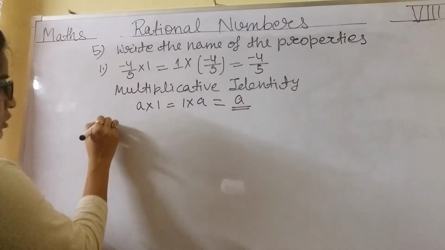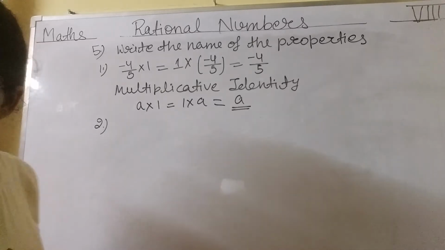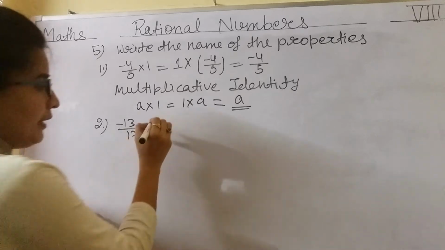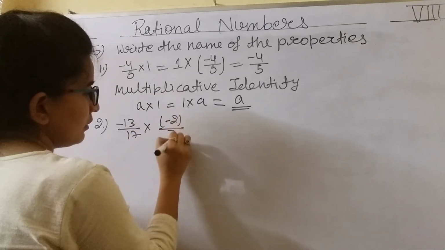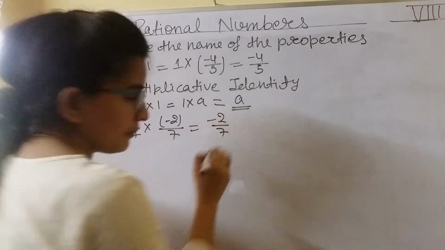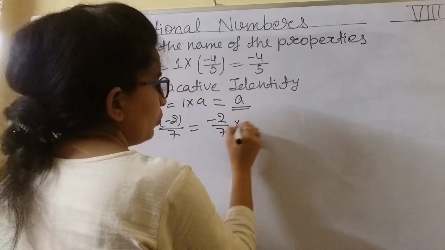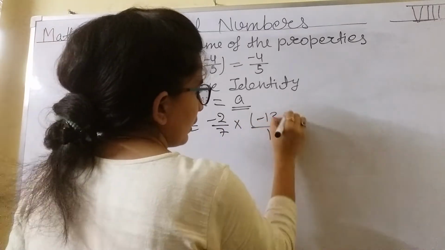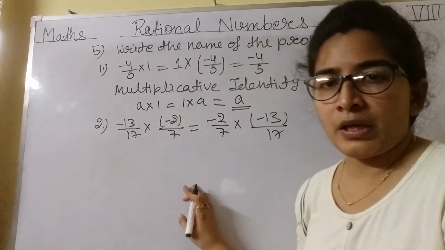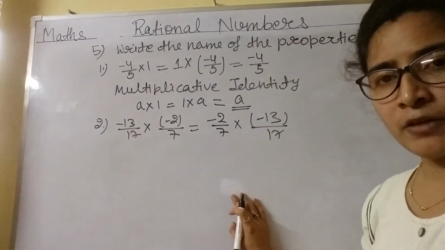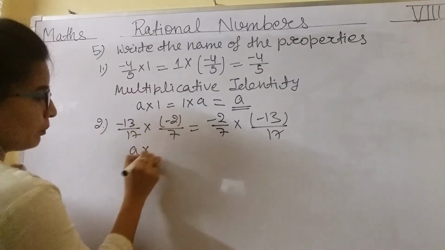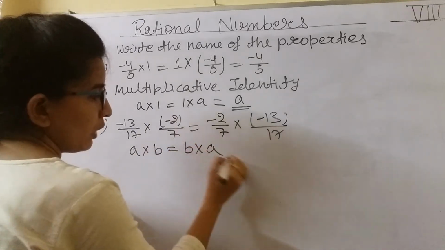Now the next question is minus 13 upon 17 into minus 2 upon 7 equals to minus 2 upon 7 into minus 13 upon 17. So in this case we have studied the commutative property of multiplication, where we saw that a into b is equal to b into a.